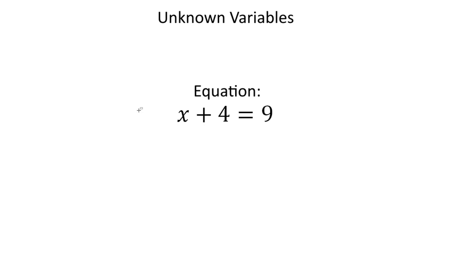A typical equation follows a standard format like this here. We have expressions on each side, and we have an equals sign separating them. The absolute basic equations always have an expression on the left or on the right, and then just a single number on the other end.